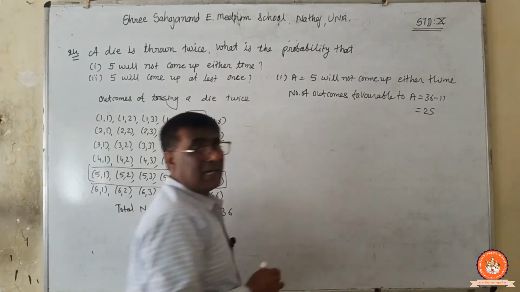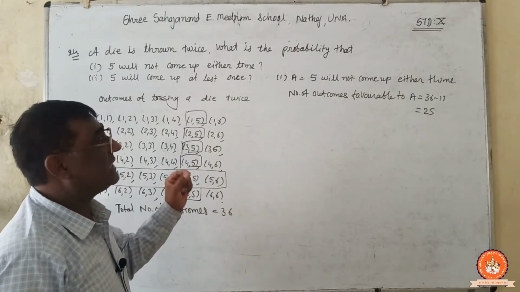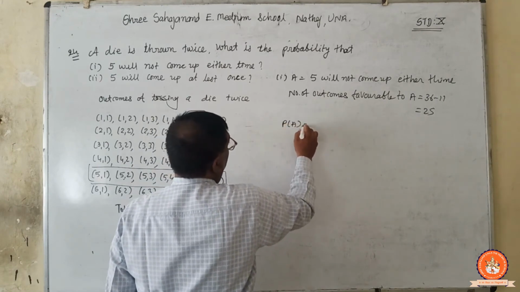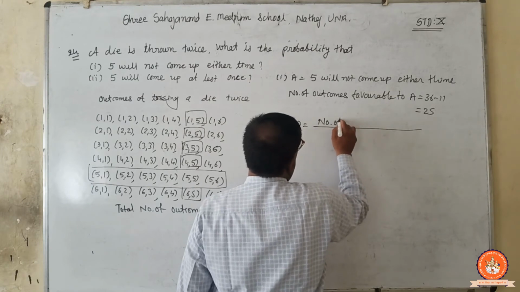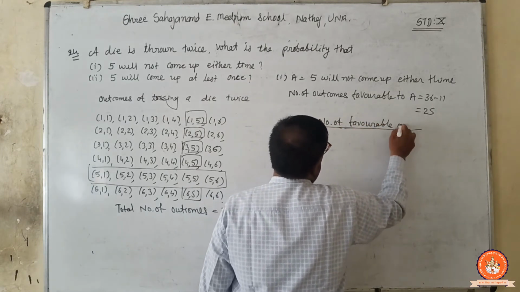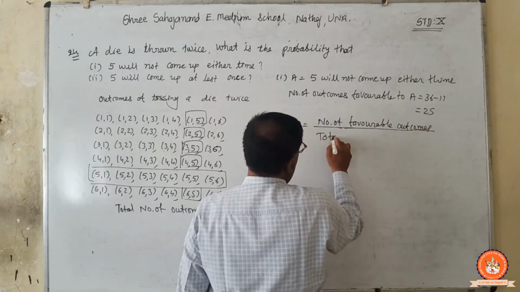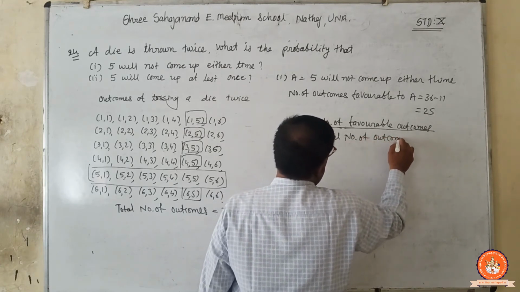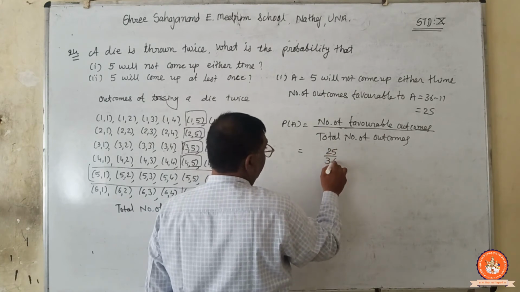So 25 आउटकम्स है इस इवेंट को फेवरेबल है जिसमें 5 एक भी बार आना नहीं चाहिए. So P of A is equal to number of favorable outcomes divided by total number of outcomes. Okay, and this is 25 upon 36.